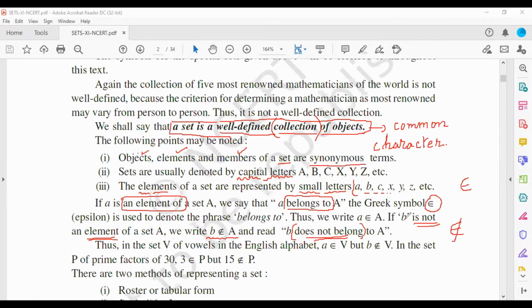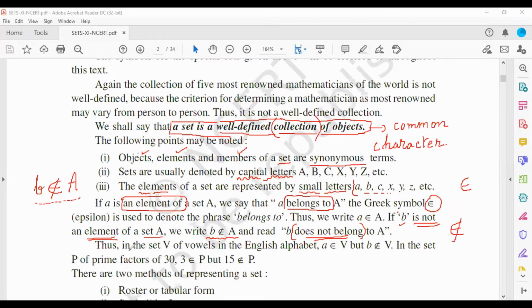It is read as: the element b is not an element of set A. So this b is not an element or not a member of, does not belong to the set. Set name capital A because it should be in uppercase.